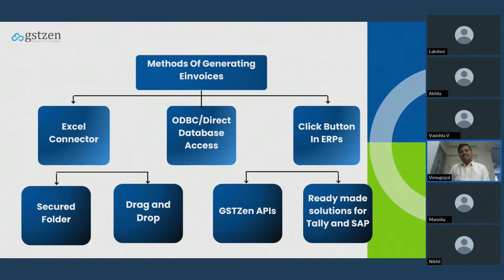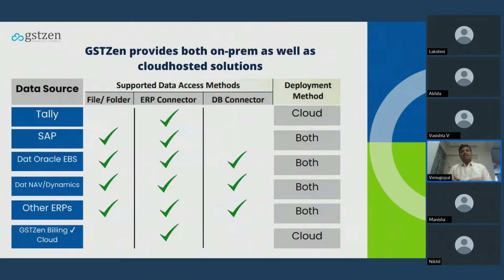If you have standard ERPs like SAP, Oracle, Tally, we have our plugins, you can use those. Or a secured folder method, FTP, you can drag and drop and the data will be fetched from that. These methods are available.